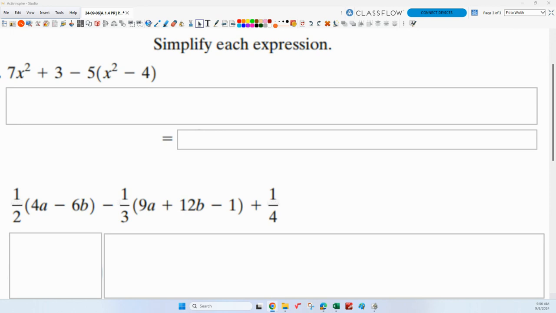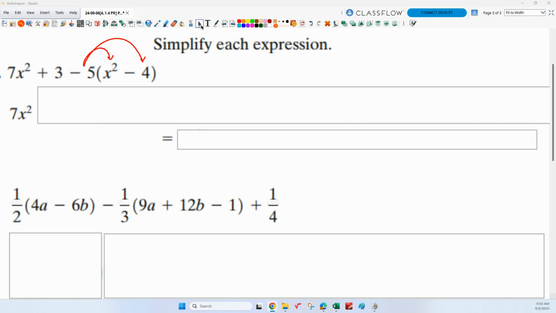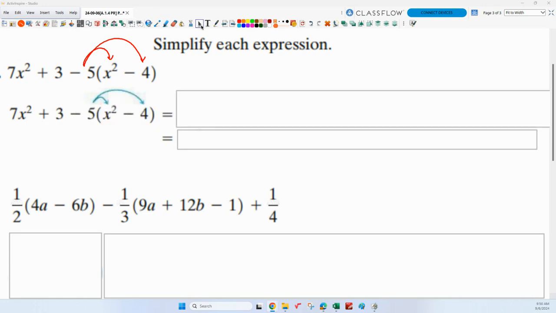Okay, distributing is multiplication. Good. So we've got the -5 here. That would have to get distributed. So that's our first issue, right?